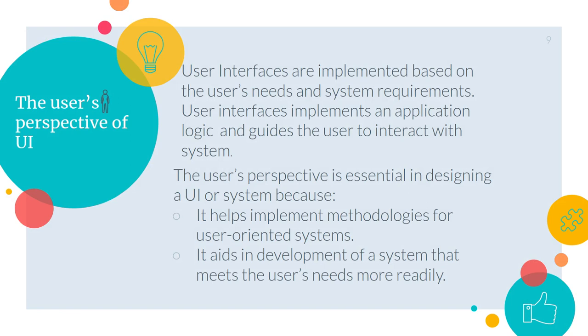Okay, so the user specification of the UI. The user interfaces are implemented based on the user's needs and system requirements. The user interfaces implement the application logic and guide the user to interact with it. The user's perspective is essential in designing the UI because it helps implement methodologies for user-oriented systems, and it aids in development of a system that meets the user's needs more readily.